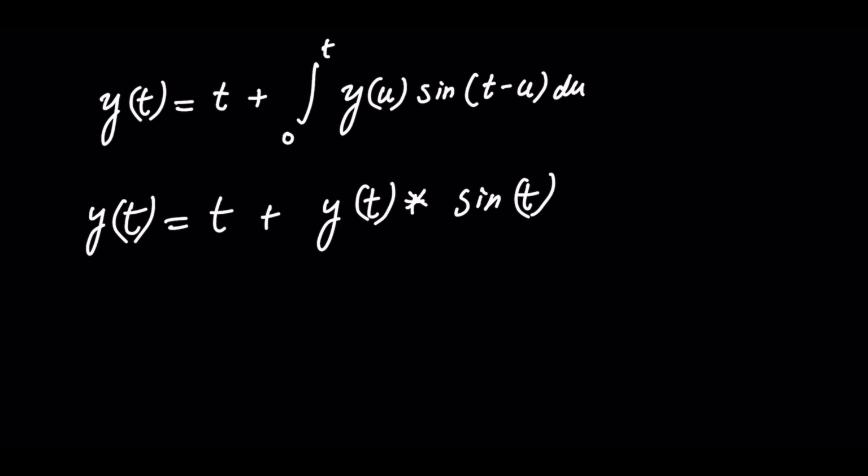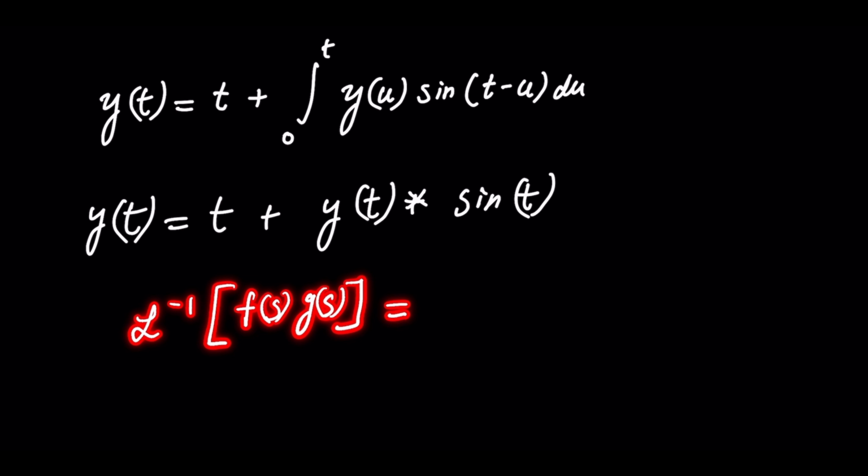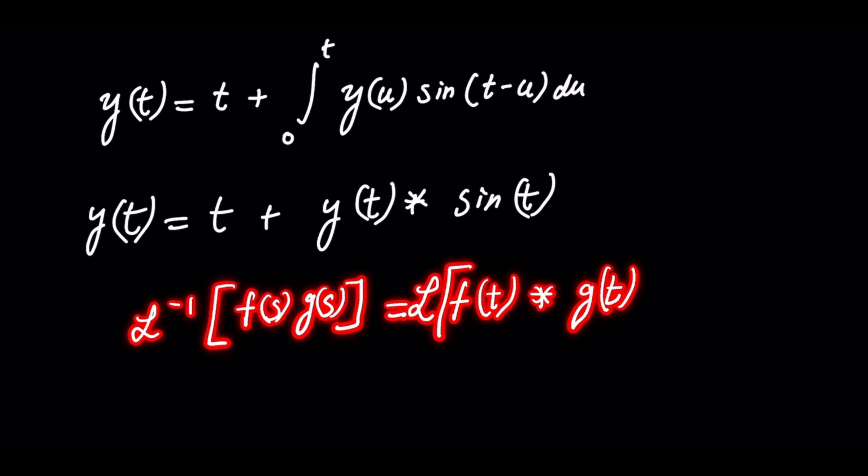When we took the Laplace inverse of f of s and g of s, we wrote it as f of t asterisk g of t. So when we go in reverse order, we'll be taking the Laplace transform on both sides of the equation, like this and this.